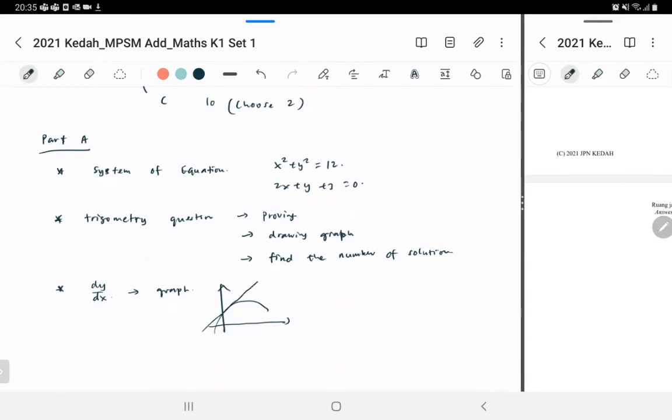And then from the tangent line, you need to do something or find some value. Okay, so yeah, this one, and it might be combined with the coordinate geometry, that chapters where you need to find the y equals to mx plus c, the straight line equations or the normal line equations. Okay, or else it might be ask you to find the perpendicular bisector, if you still remember these words.